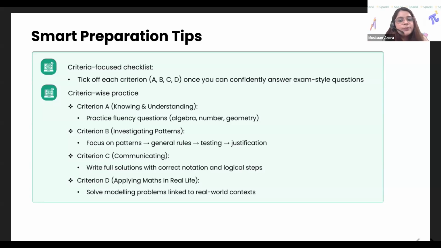So what do you think is important for criteria A then? Sequences you mentioned. That's right. Well, as it says on the screen, algebra and geometry and maybe functions.